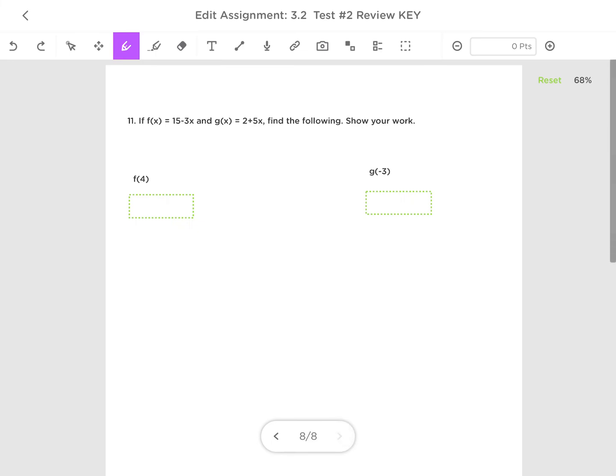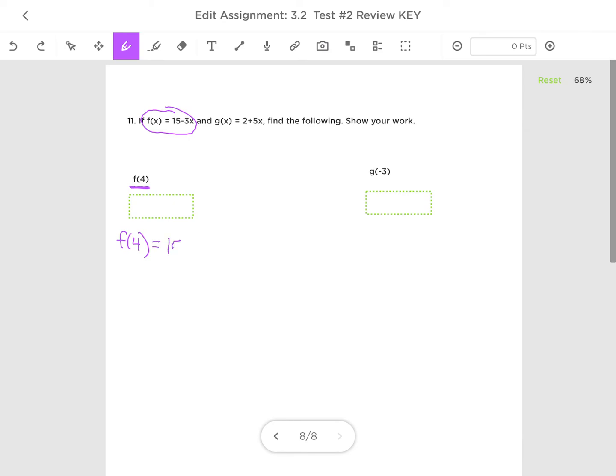Last question. If f of x equals 15 minus 3x and g of x equals 2 plus 5x, find the following. Show your work. So this is the one that I've seen a lot of people make mistakes on, not using the correct equation. So first one, we want to find f of 4. So we have to use this f of x equation, okay? So when we do this, f of 4, I'm replacing the x with the number 4.